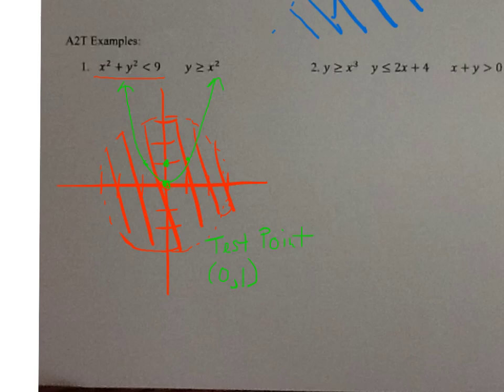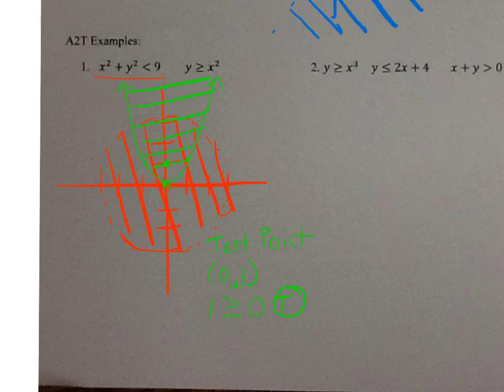And then I'm going to plug it into the parabola inequality. So 1 where the y is, 1 greater than or equal to, 0 where the x is. Then you have to ask yourself if that's true or false. So 1 greater than or equal to 0, that's true. So if the statement is true, you're going to shade where the test point occurred. So inside the parabola rather than outside.